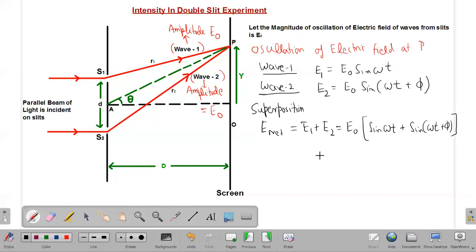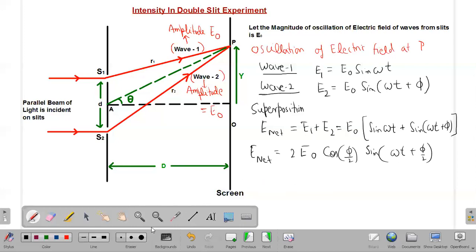I will use the trigonometric identity for the sum of two sine functions, and simplifying the expression, you will get E net as twice E naught cos of phi by 2 times sine of omega t plus phi by 2.